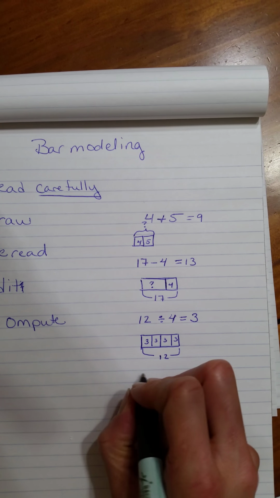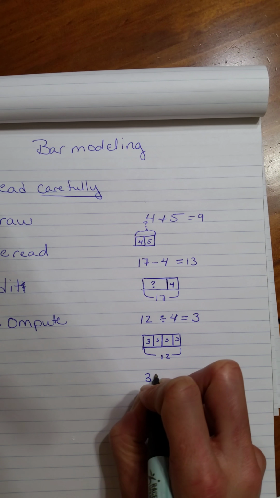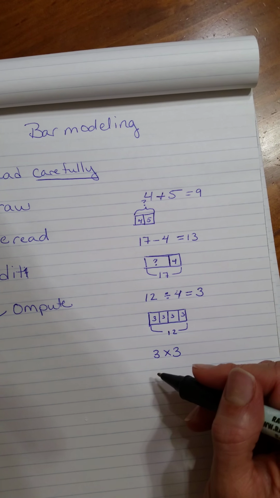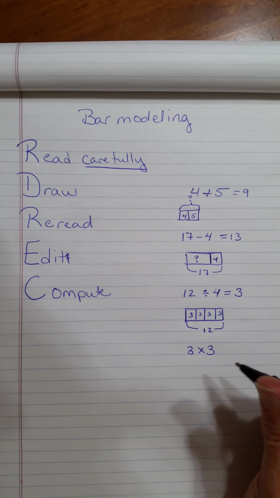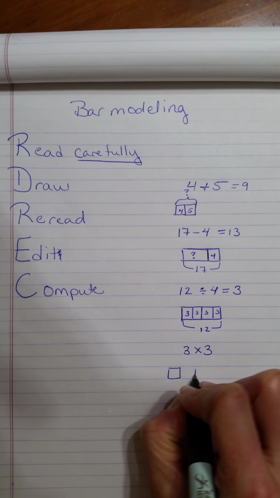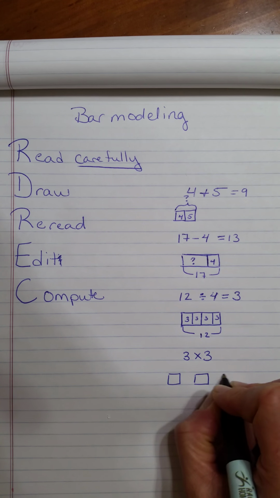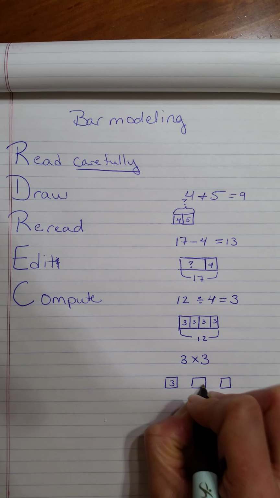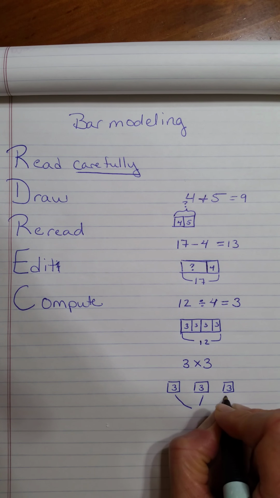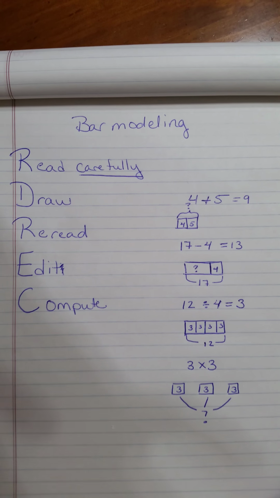Okay, multiplication. Okay, so I'm asked to find out what 3 sets of 3 is. Okay, so I have 3 sets of those, and I'm supposed to find out what that is equal to.